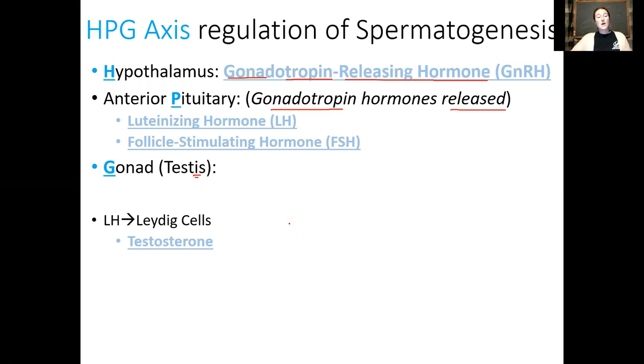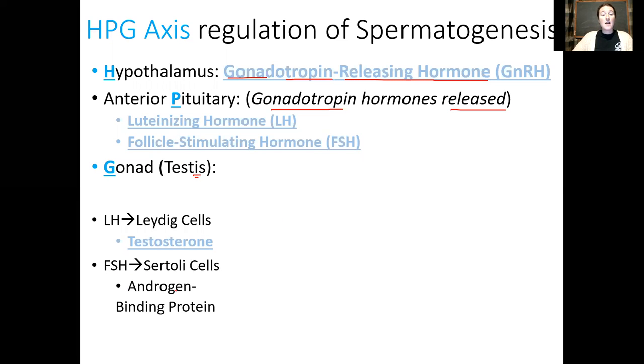Okay, so LH, as I've mentioned, binds to the Leydig cells, and in response, the Leydig cells are going to produce testosterone. Okay. The Sertoli cells, or these sustentacular cells, are going to produce androgen binding protein, which we talked about a little bit before. Again, LH binds to Leydig cells, FSH binds to Sertoli or sustentacular cells.